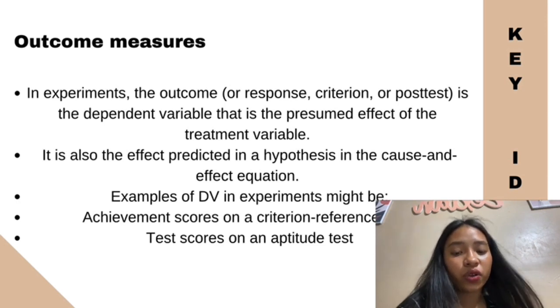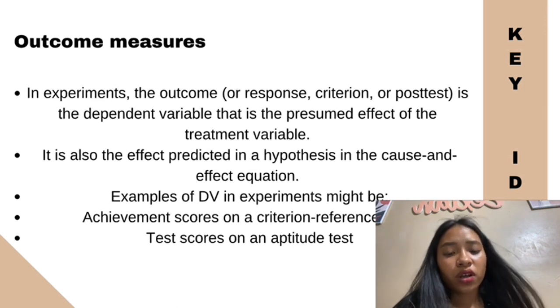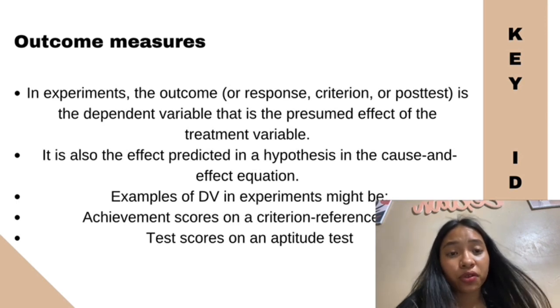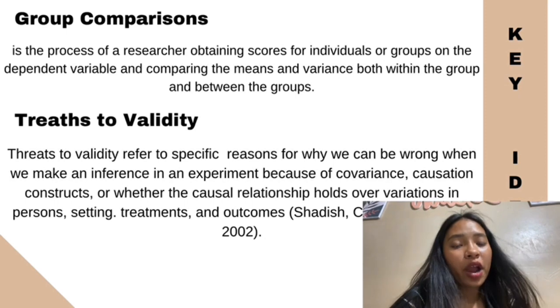It is also the effect predicted in the hypothesis in the cause and effect equation. Examples of dependent variables in experiments are the test scores on an aptitude test and group comparison.